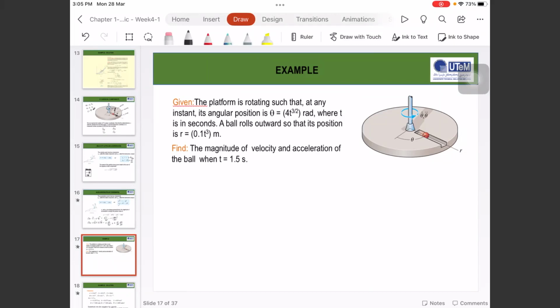So bola ni dia berpusing, di sini berpusing. Okay, so katakan this is t is equals to 0. Okay, so when t is equals to 1.5, let's say dekat sini lah. Okay, so bola ni pun dah terkeluar sikit. So the ball is now at here.